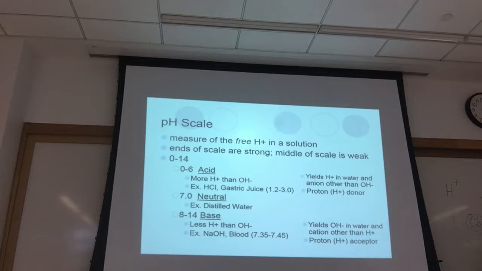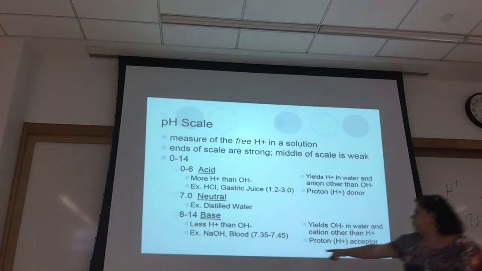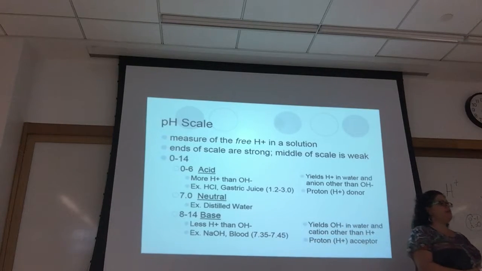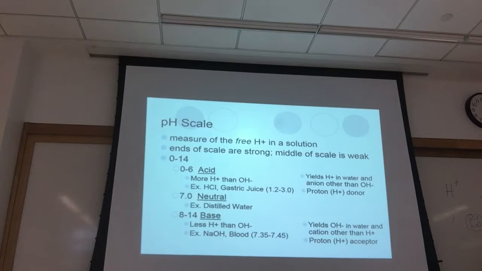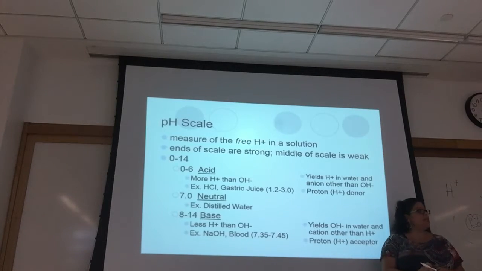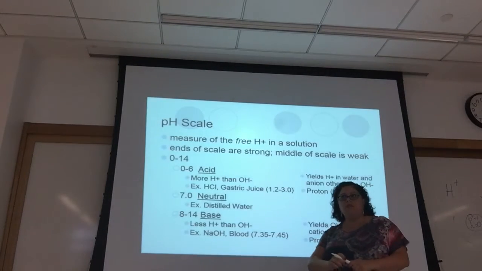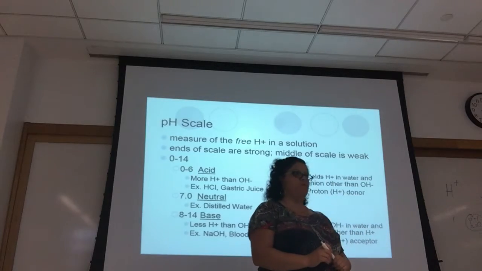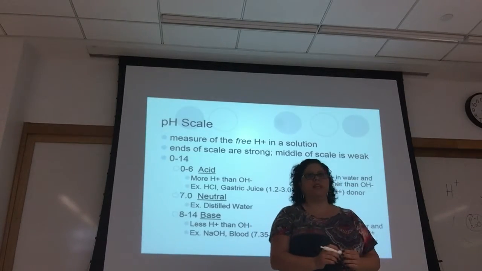Blood. It has a pH, I gave it to you over here, it's a range, but approximately pH 7.42. Blood is a weak base. People think, oh no, blood's neutral. It's got to be neutral. Nope. It's not.